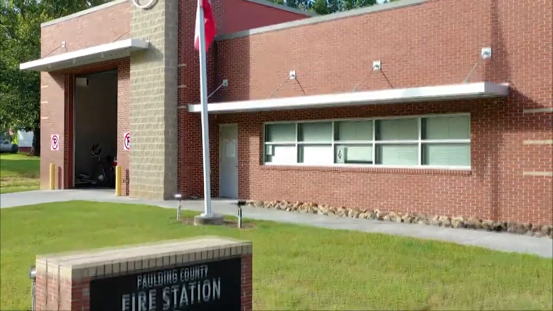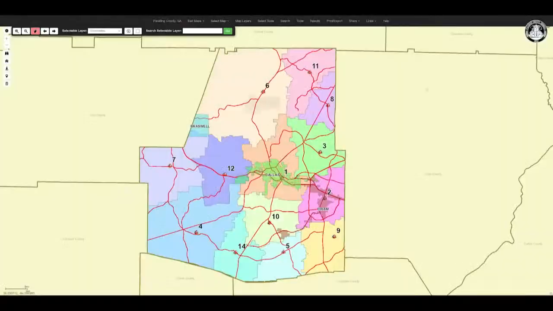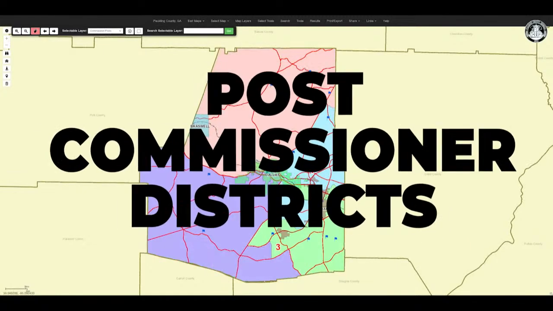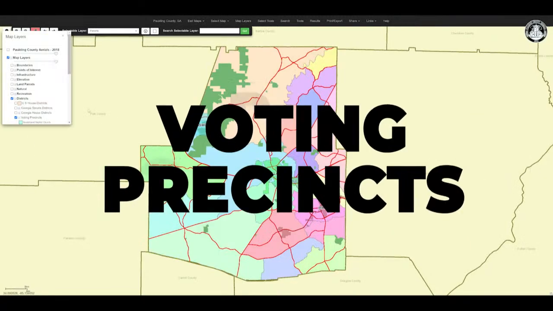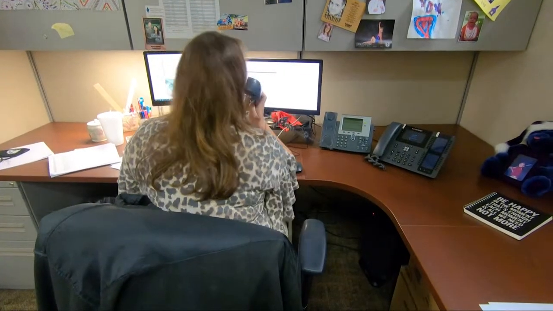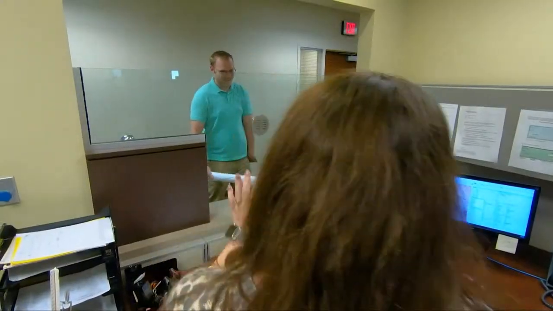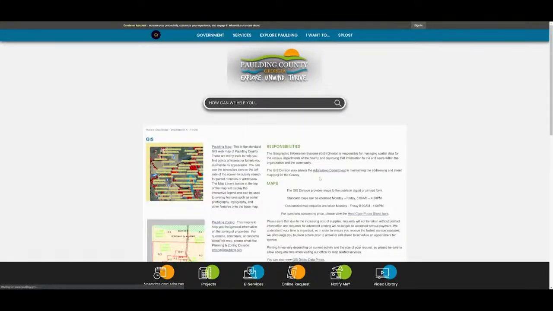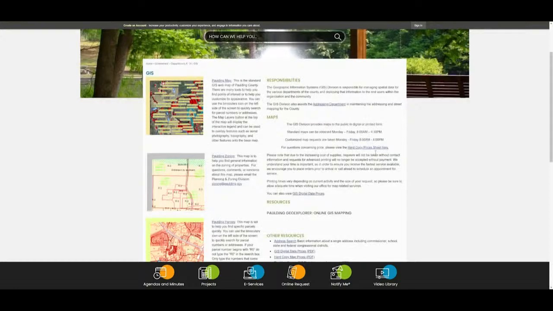For example, GIS is directly responsible for updating the cartography of fire station territories, as well as political boundaries such as commissioner districts or voting precincts. While our staff is more than happy to speak with you over the phone or in person, you might find that much of what you're looking for can be found using search tools and web maps found on the GIS webpage.